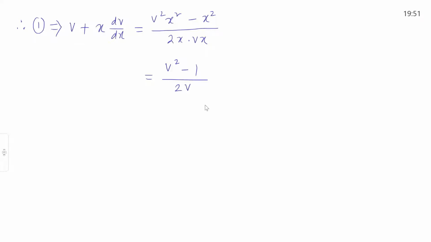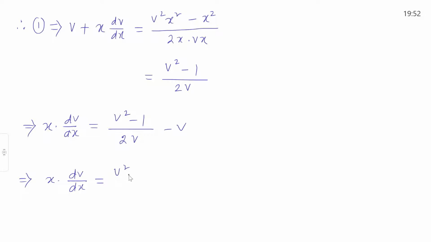Now shift this v to the right hand side, so the left hand side is x dv dx, and on the right hand side is v square minus 1 divided by twice v, minus v. This implies x into dv dx is equal to, taking the LCM, v square minus 1 minus twice v square divided by twice v.